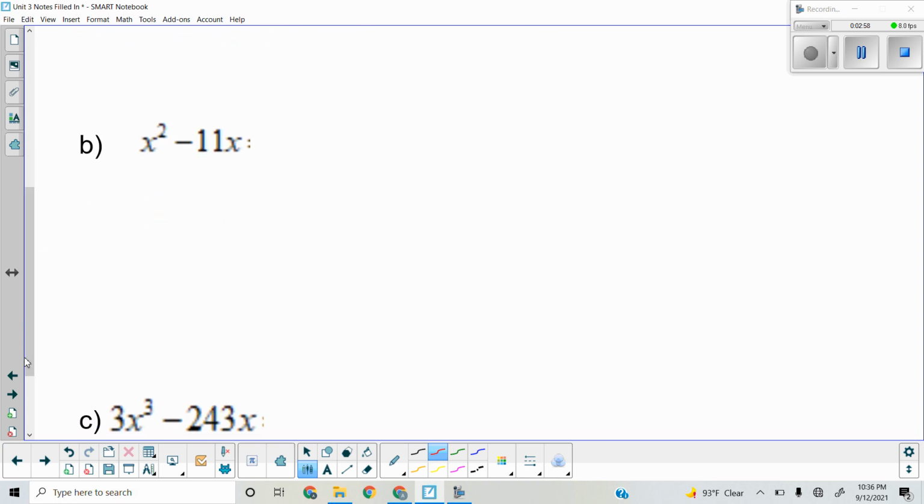For B, first check for GCF, we can take out an x, and we're left with x minus 11. Nothing else we can do from there.